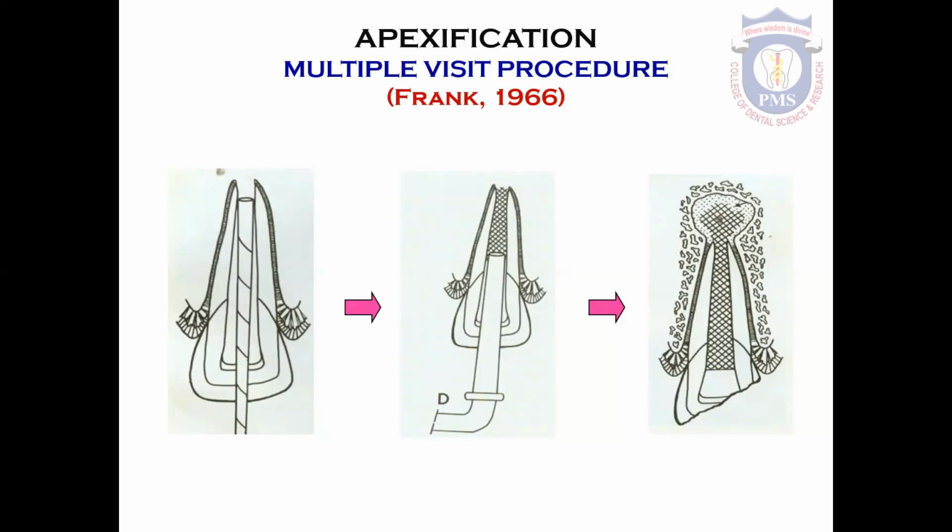And in the second visit, upon re-entering the canal, again thorough irrigation and cleaning is done and the entire canal is filled with calcium hydroxide preparation, and care must be taken to ensure that the canal is filled up to the apex.